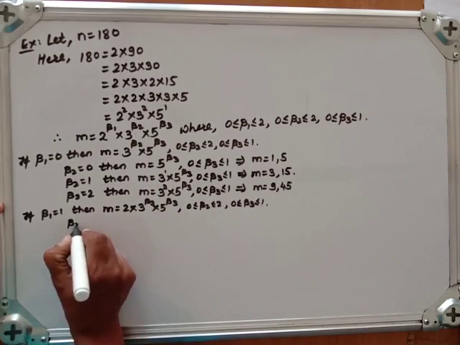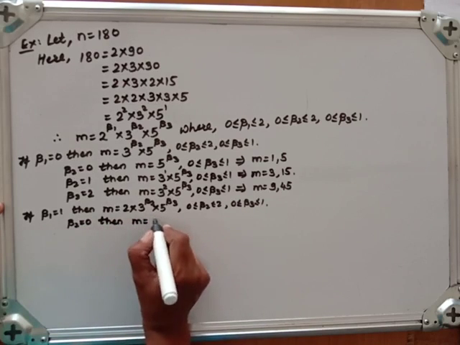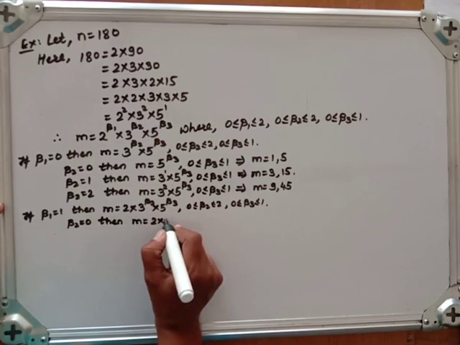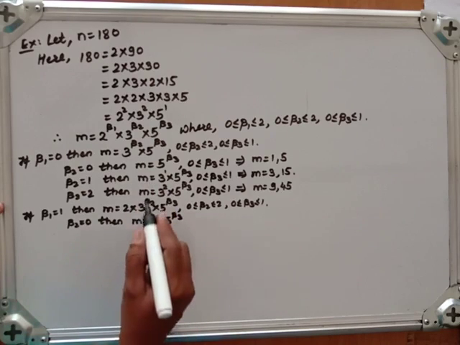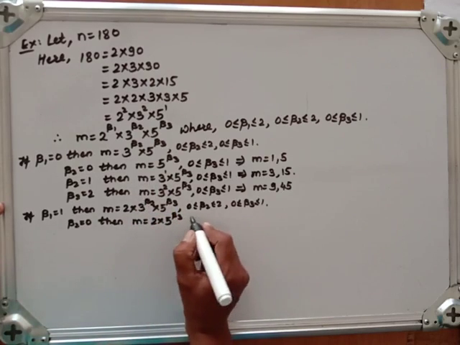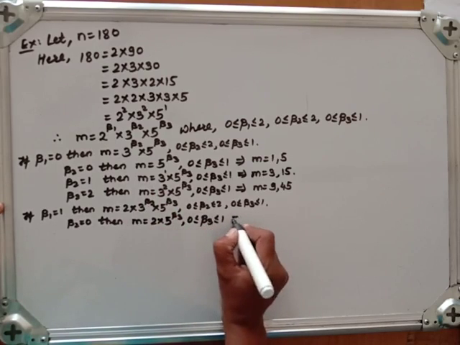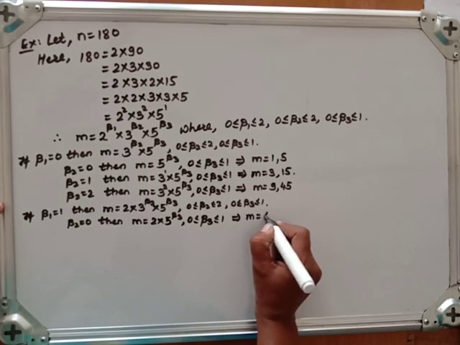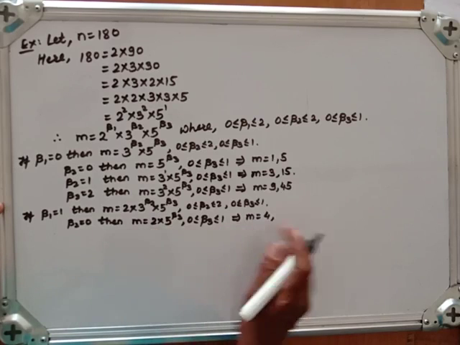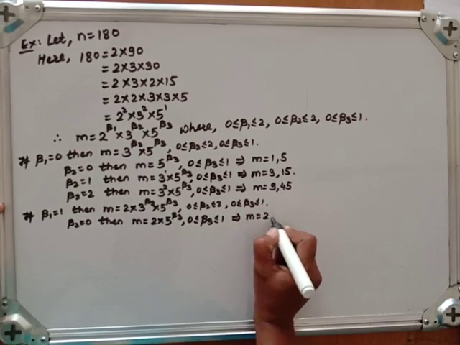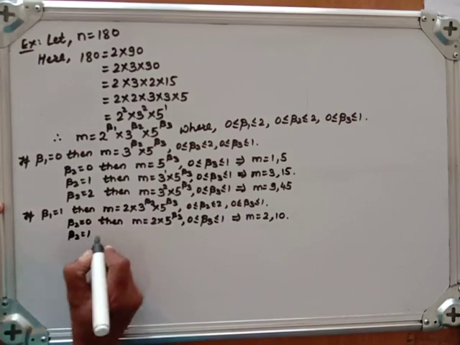So beta 2 is equal to 0, then m equals 2 into 5 raised to beta 3. Beta 2 is 0, so the 3 part becomes 1. So 0 ≤ beta 3 ≤ 1 gives m equal to 2 and 10.